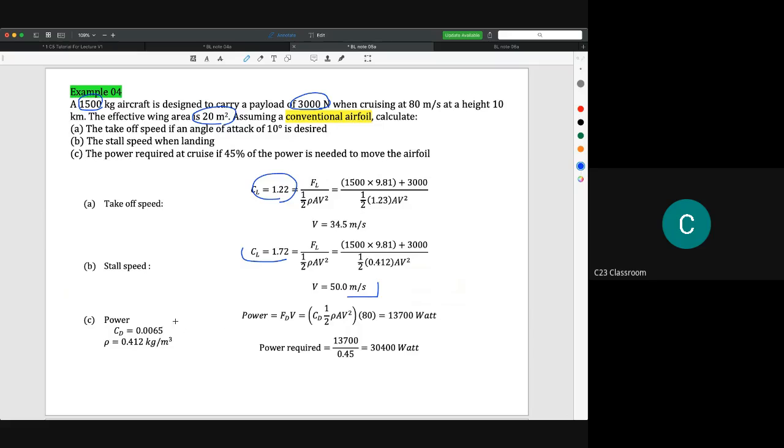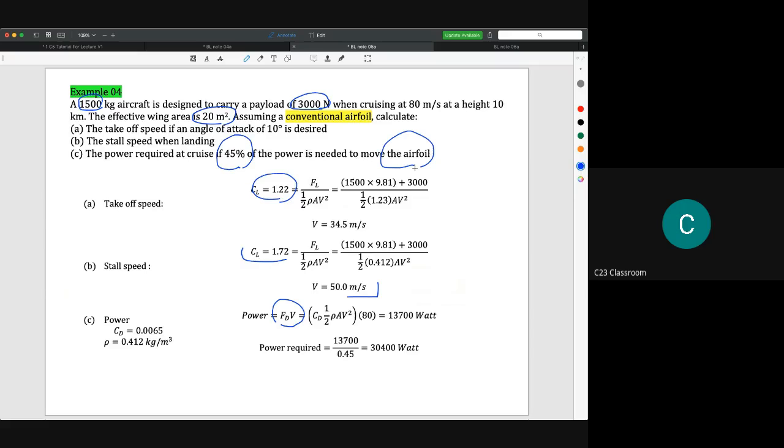And then to calculate the power, this is the equation of power. And here, because we have 45% power will be used to move the airfoil, it means we need to have an extra 45%.